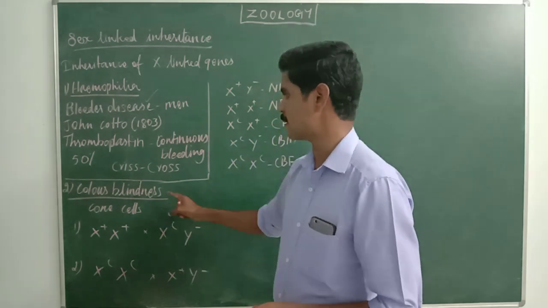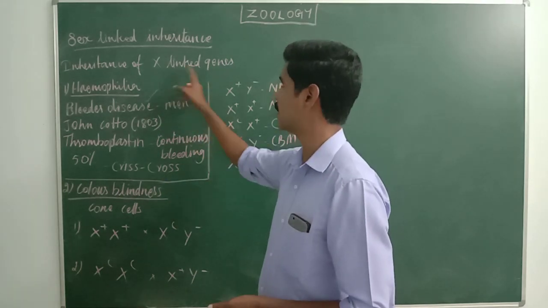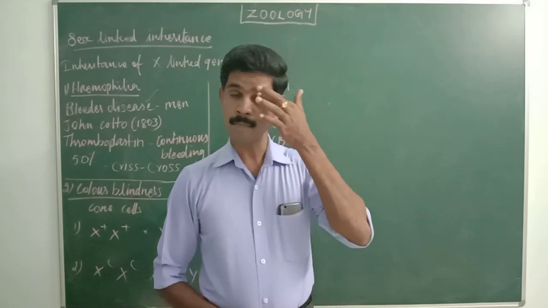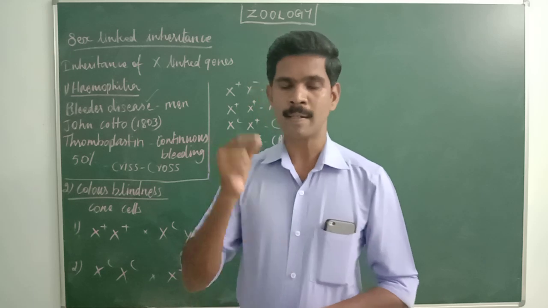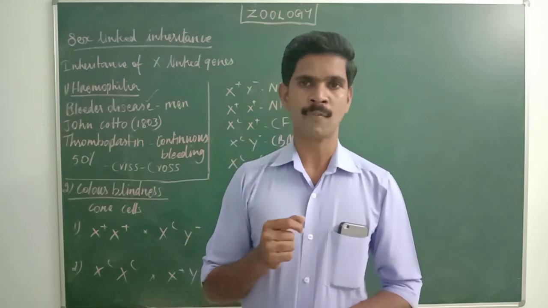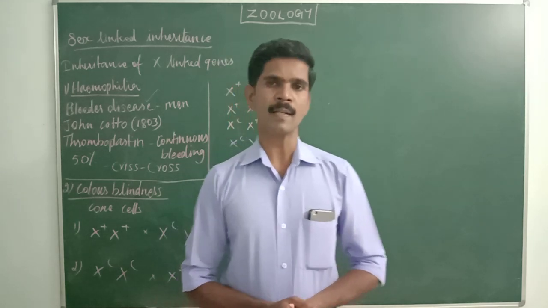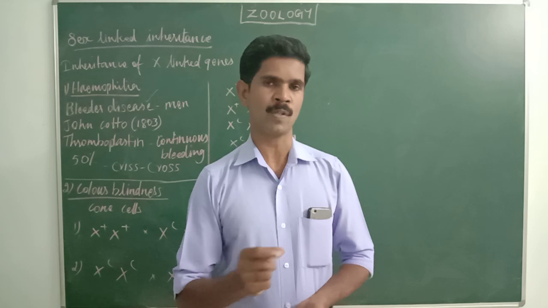Then the second disease, the second example for sex-linked inheritance, is color blindness. Color blindness is a disease affecting human beings. The retina is an important part of our eye, and the retinal region consists of two types of cells, rod cells and cone cells.